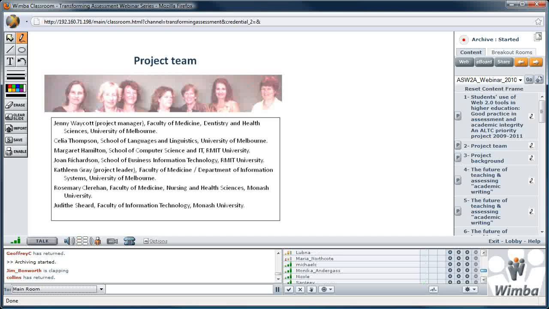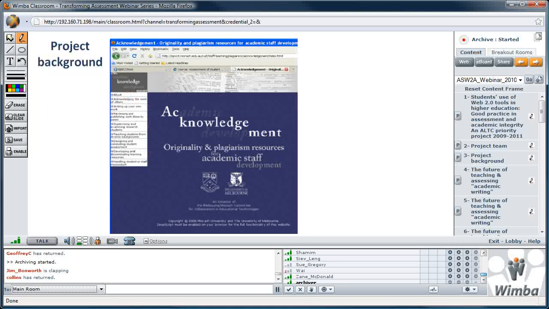The story of the project is that in 2005, I started working on a joint Monash-Melbourne project focusing on issues of originality and plagiarism for academic staff, not only to pass on to students, but also in their own writing and their own scholarly communication practices.